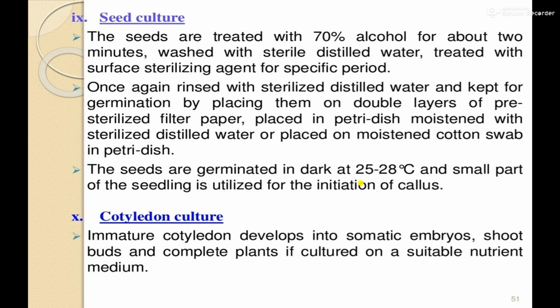Then seed culture. In that, the seeds are treated with 70% alcohol for about 2 minutes, washed with sterile distilled water, treated with a surface sterilizing agent for a specific period, once again rinsed with sterilized distilled water and kept for germination by placing them on double layers of pre-sterilized filter paper placed in a petri dish, moistened with sterilized distilled water, or placed on a moistened cotton swab in a petri dish.